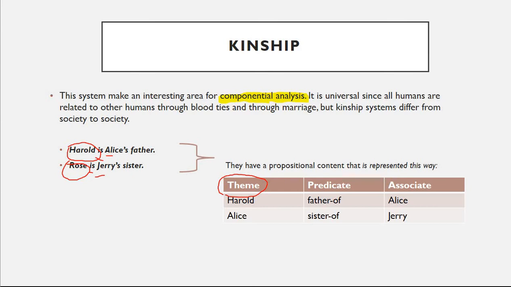You might remember it from last week's lessons. And here the predicate is father of or sister of, because there is possession here. And the associate is Alice and Jerry, the associate of the possession. You might remember it from last week's lesson, as I said. So let's go on.